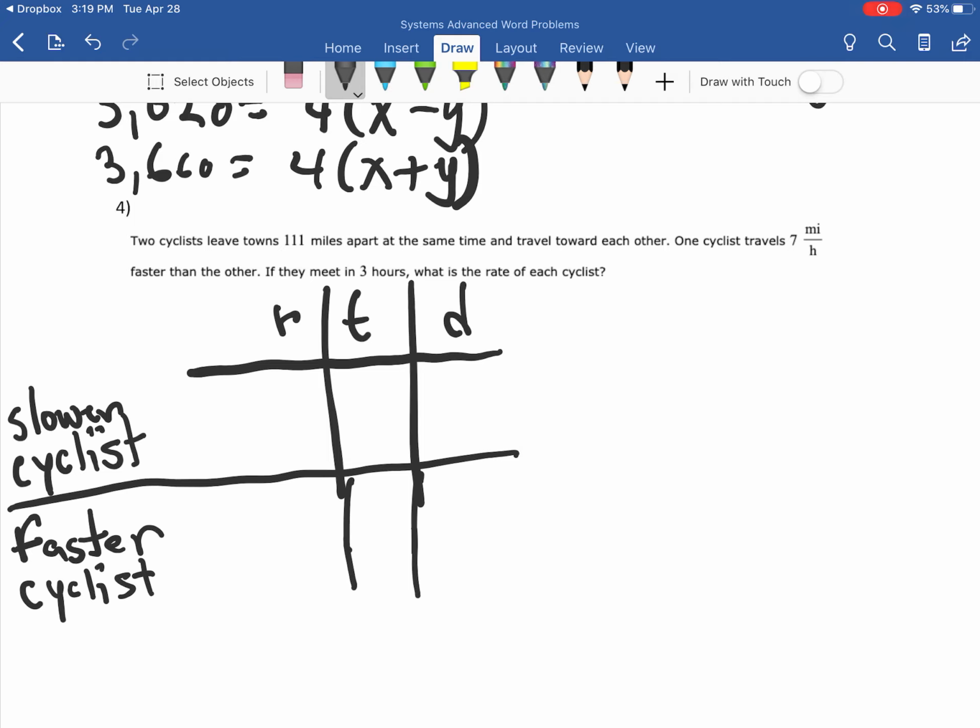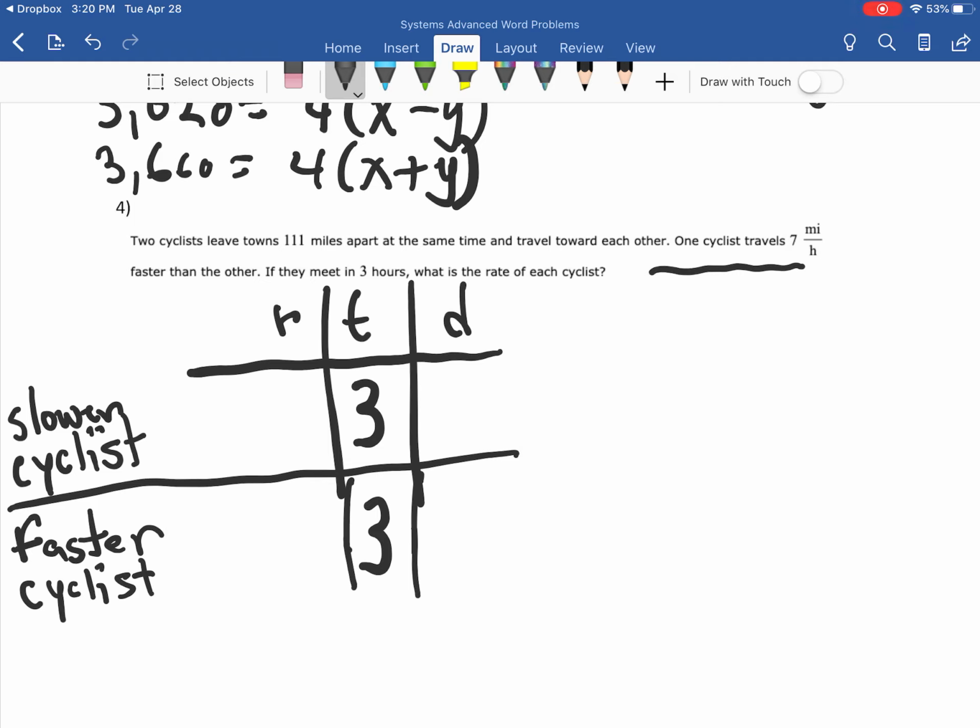All right, so what do we know here? Okay, so they're 111 miles apart. Well, that doesn't tell us anything about how far each one went. What we do know is they meet in 3 hours. So time is 3 hours for each. Okay. And let's take a look at this sentence.